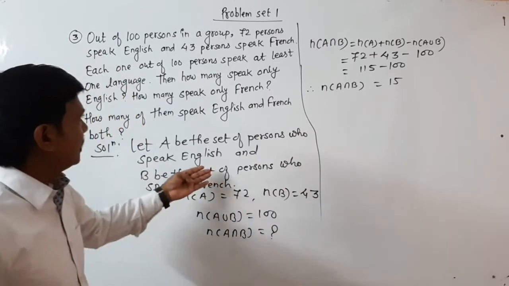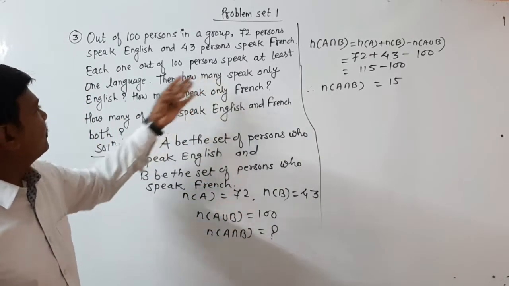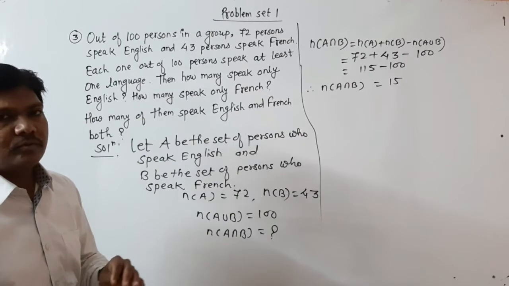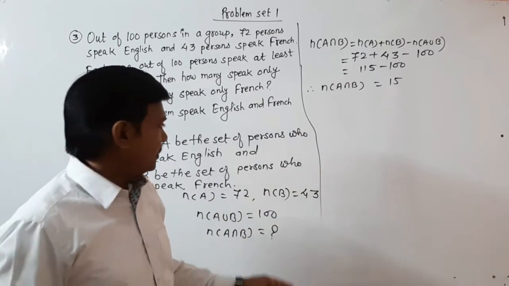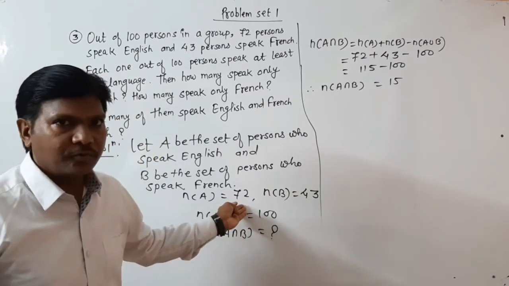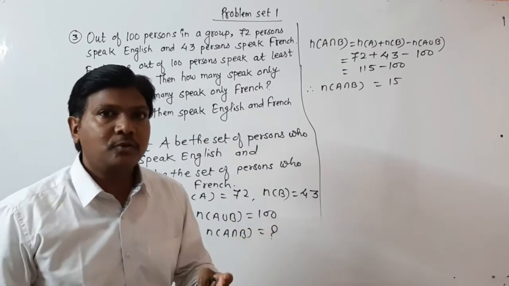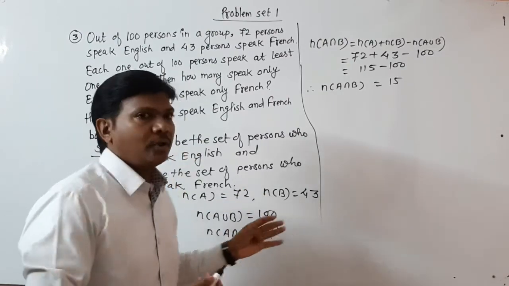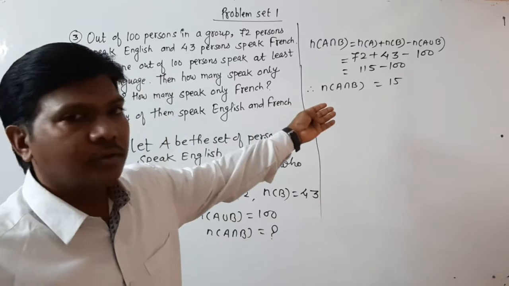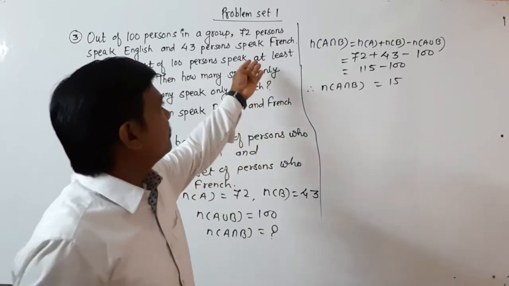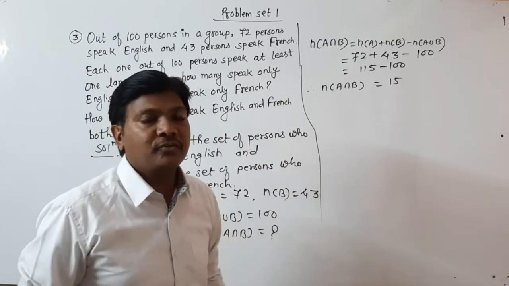But the question is, how many speak only English? So what can we do? The number of persons who speak English is 72. But in this 72, 15 persons know French also, meaning they speak French also.